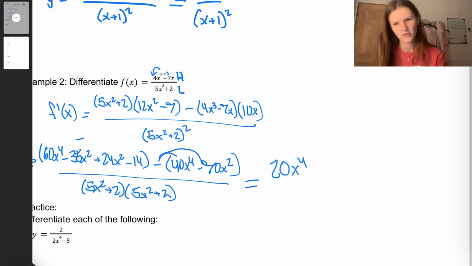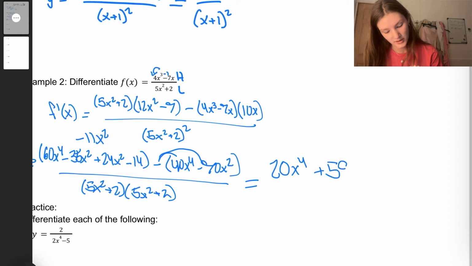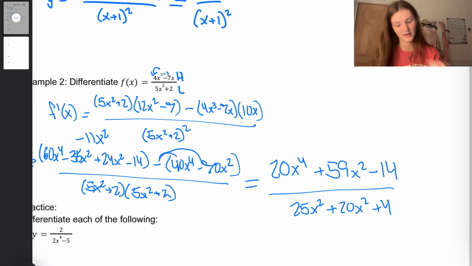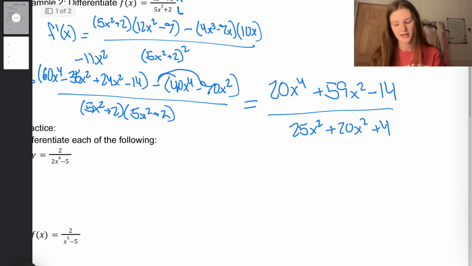We have negative 11 x squared. So 70 minus 11 is 59, plus 59x squared minus 14 over 25x squared plus 10x plus 20x squared plus 4. Can we simplify this more? Maybe, but am I going to? No, that's simple enough.